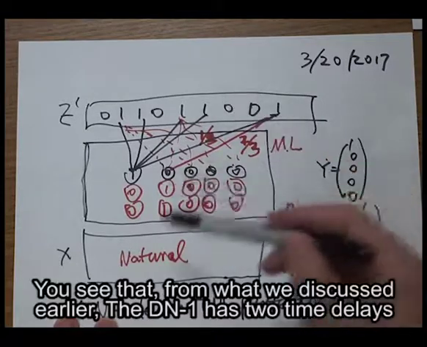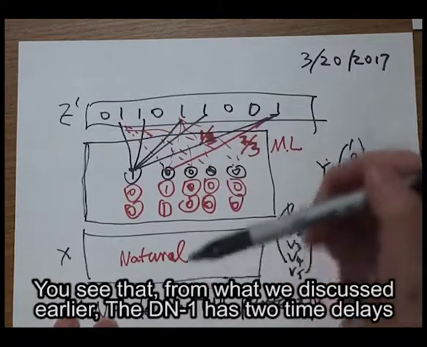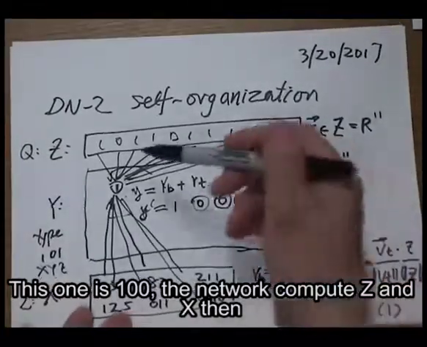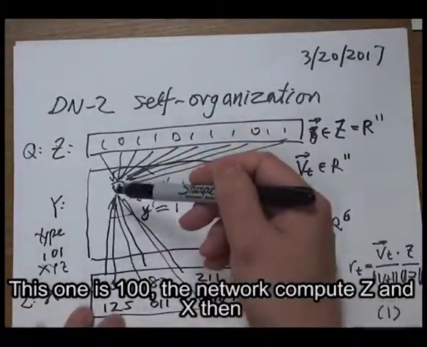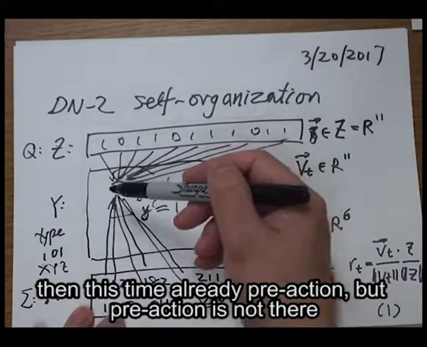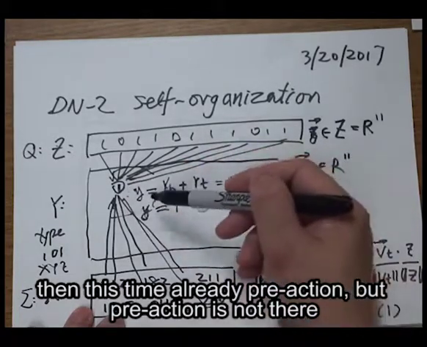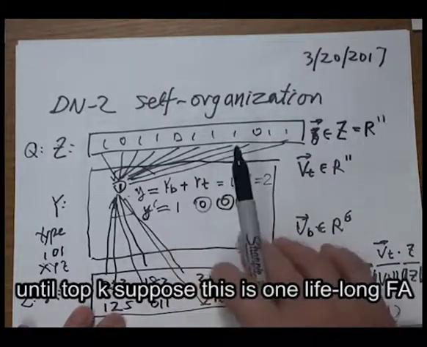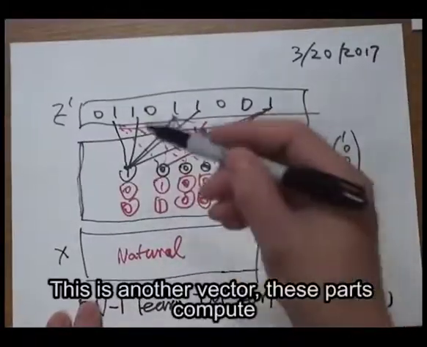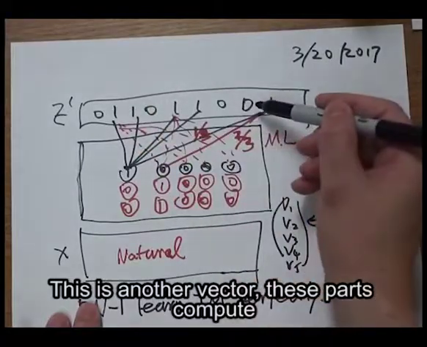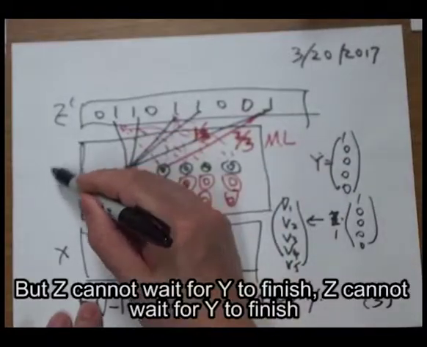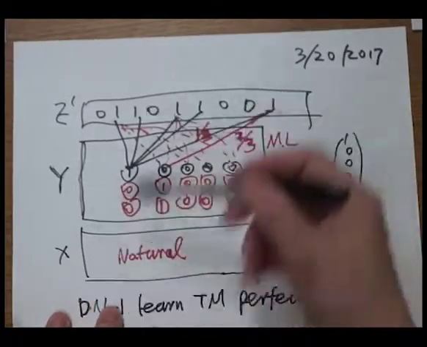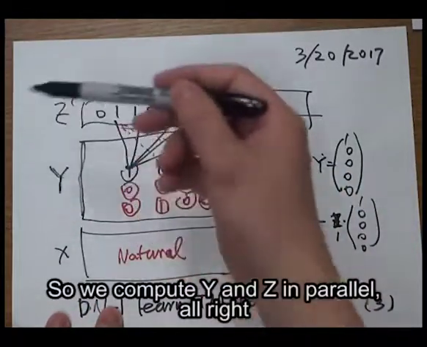We discussed earlier that DN1 has two time delays. This one is one time delay. The network computes Z and X, and then the action is not there until the next update. Suppose this is one network update, and this is another network update. Z starts to compute, but Z cannot wait for Y to finish. So the network will compute Y and Z in parallel.